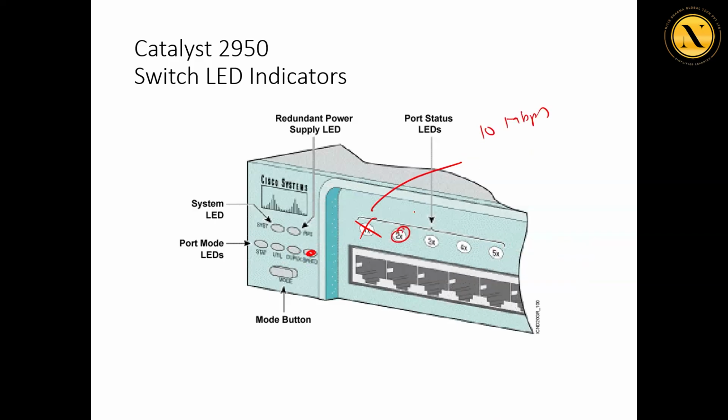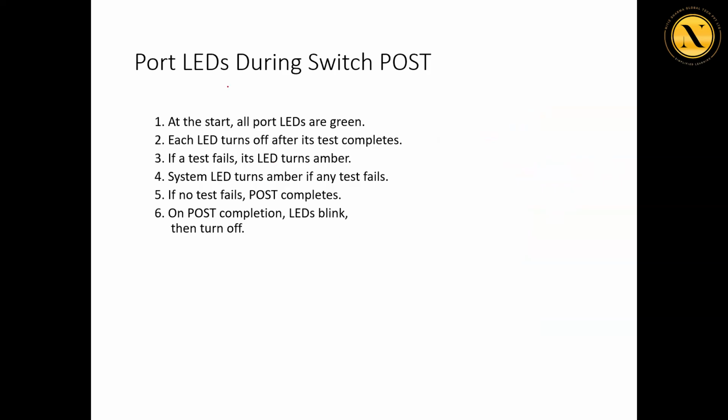If this is green, that means it is on 100 Mbps, right? If some port LED is blinking, right, that means it is 1000 Mbps. Got it? So all these things tell you some story about the port states regarding duplex and speed. Okay. So these are all petty topics, right? Not very important, but you just need to know them.